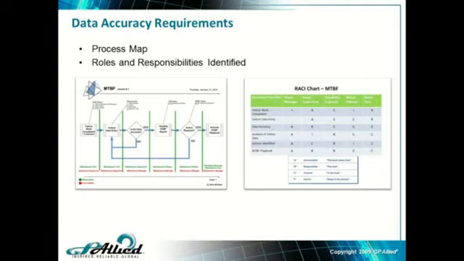This determines who's responsible, who's accountable, who's consulted, who's informed on different parts of the process. Accountable, the buck stops here. That's who we go to if this part of the process is not working. Responsible, that's the doer. That's who does it. Consulted, keep in the loop. We want two-way communication with that individual. Informed, we'll send you an email. But it makes it clear what our roles and responsibilities are in data accuracy, or anything.